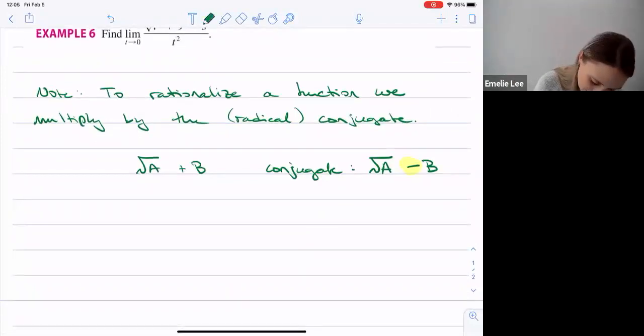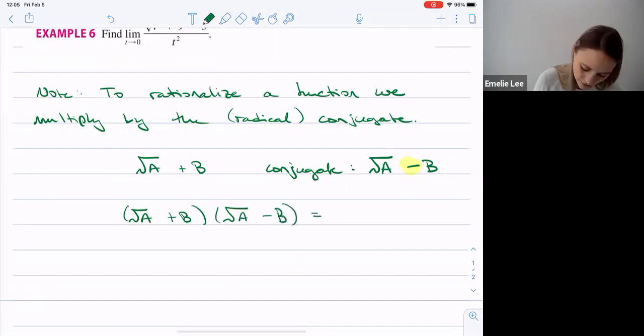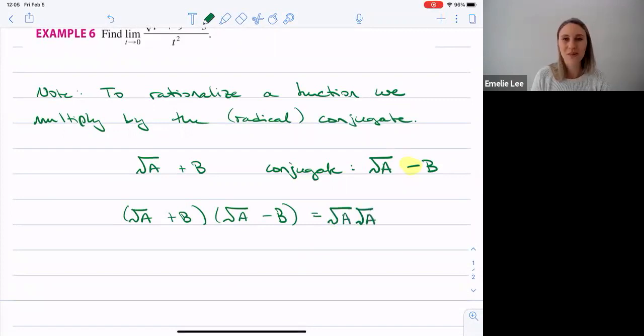So what happens if you multiply by the conjugate? Then you have the root of a plus b times the root of a minus b. If I expand this, I get root of a times the root of a, which we know is just a.